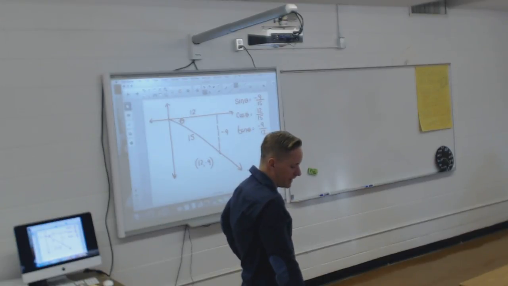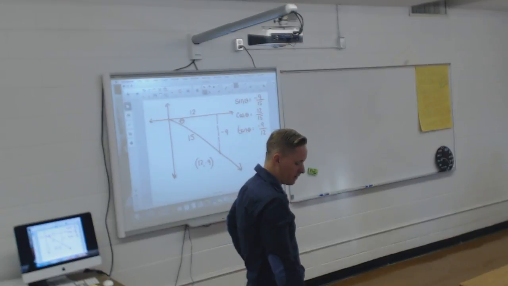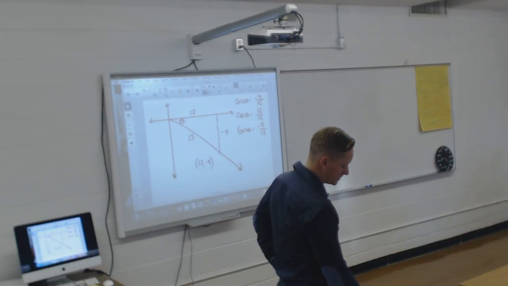So if you look on your page, they set up the graph. You're to graph it, which we did. Then you know x and y. You use Pythagoras' theorem to find r, and write your ratios out at the bottom. Okay? So far, so good?